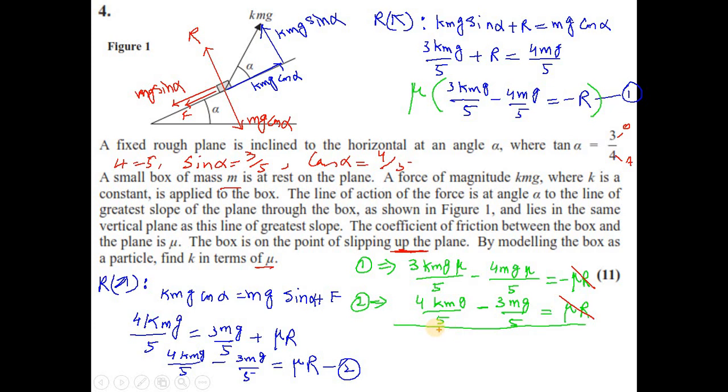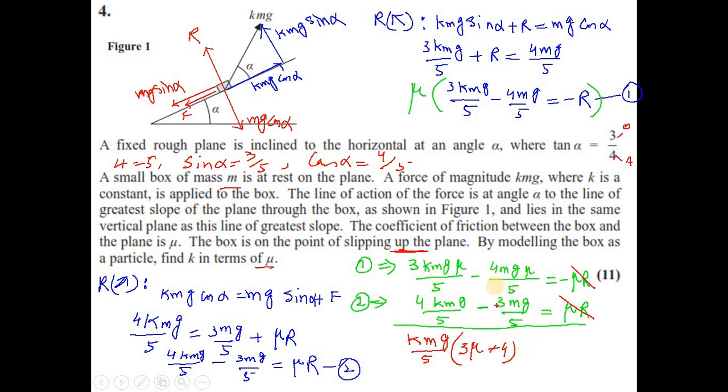So you can take kmg upon 5 common, and inside the bracket you have 3 mu plus 4 from the first term.